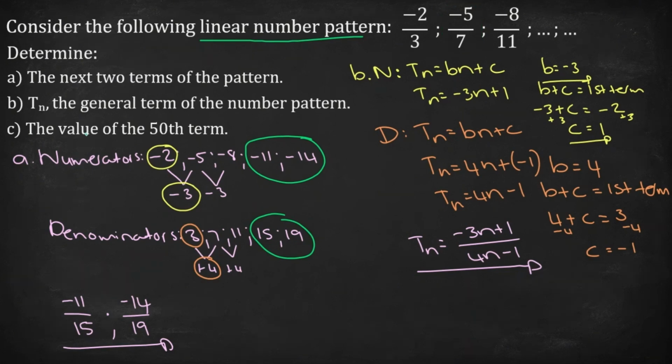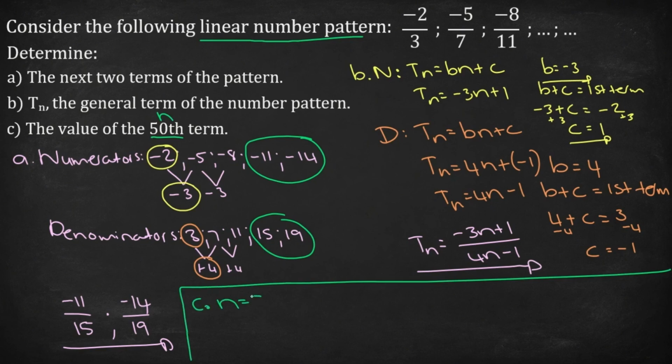Part C says that we have to determine the value of the 50th term. This says that we are dealing with a term in the 50th position, and the position is represented by the letter n. So we are going to do it like this. I'm going to write C, and I'm going to say n is equal to 50. That means I'm going to substitute this n equals 50 into the general term that we calculated in the previous question. Therefore, I'm going to write Tn equals negative 3n plus 1 over 4n minus 1.